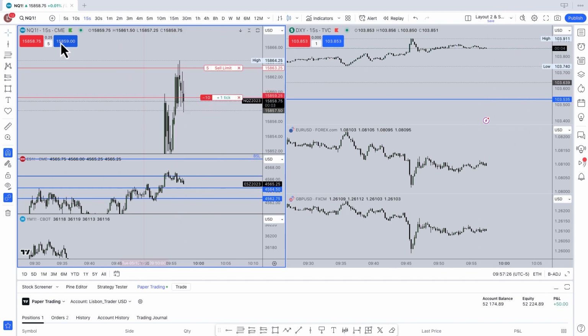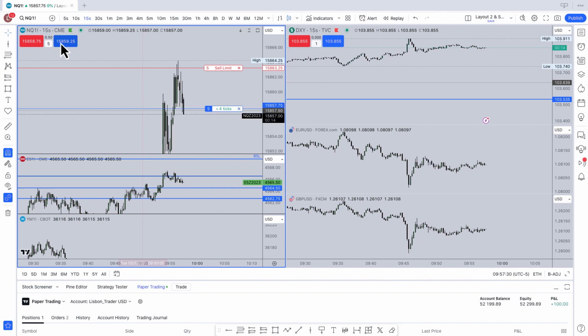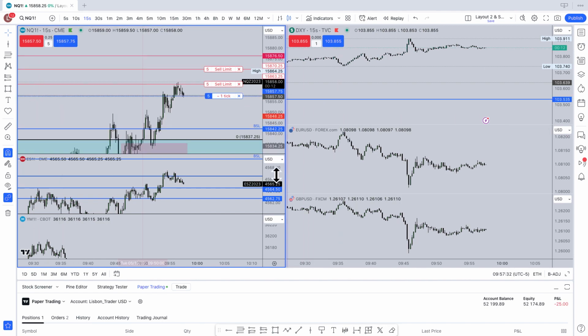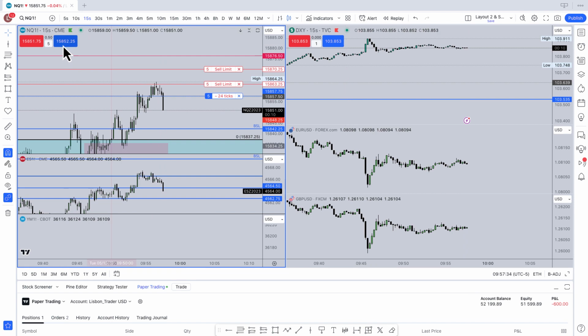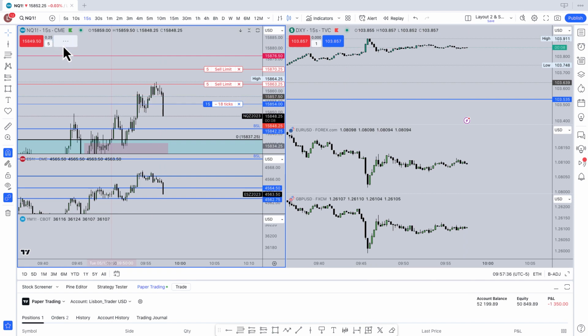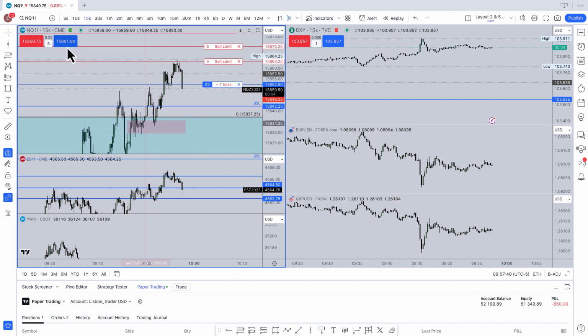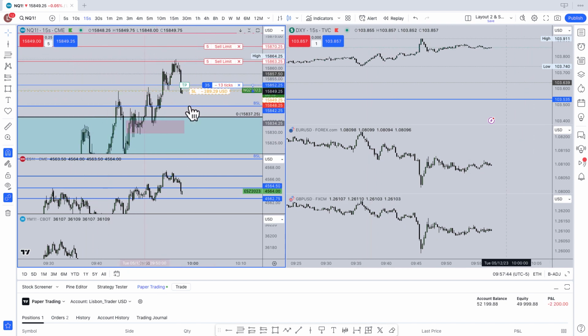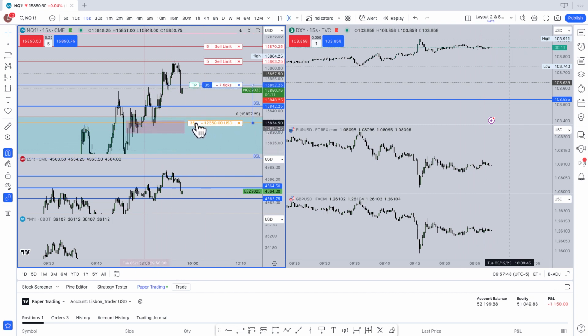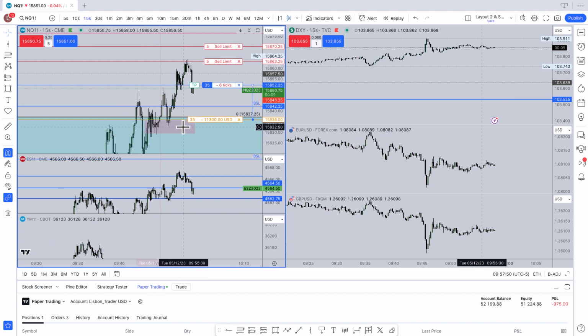It hasn't reached the buy side liquidity yet, so let's keep on buying, but buying low here. Yeah, this is where I want to buy.